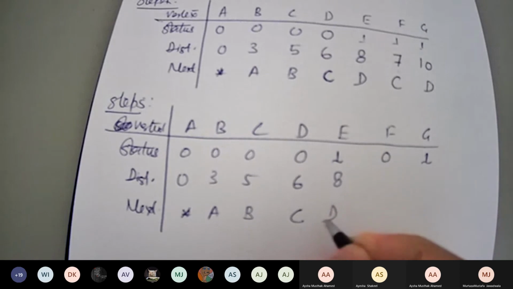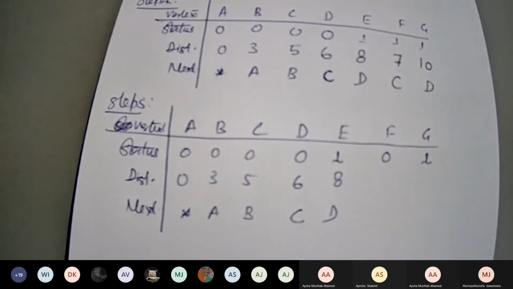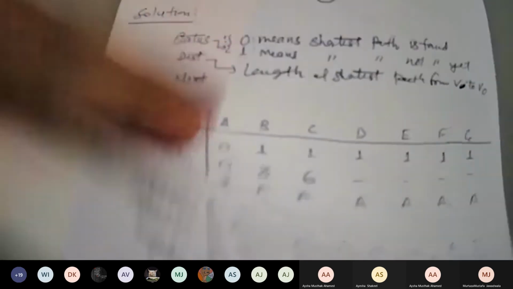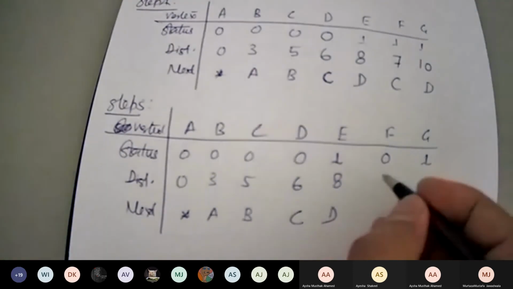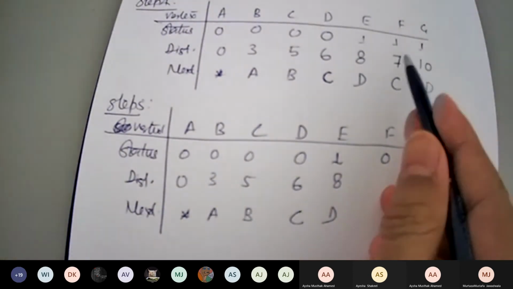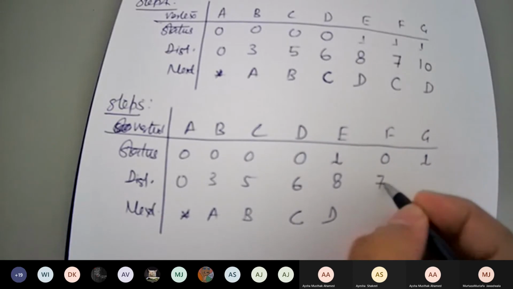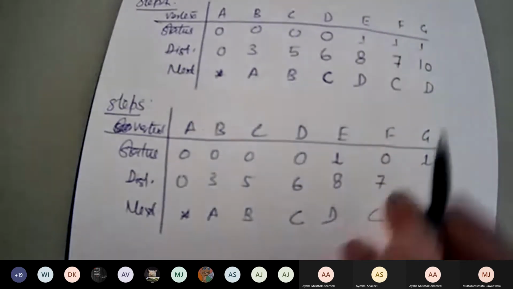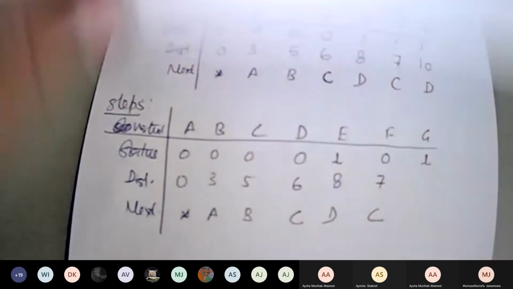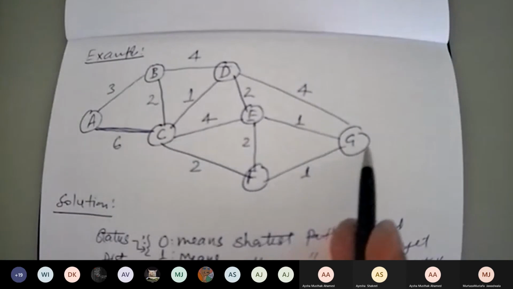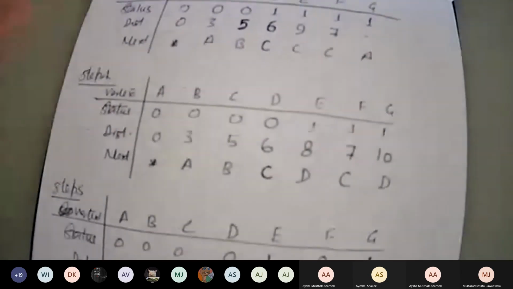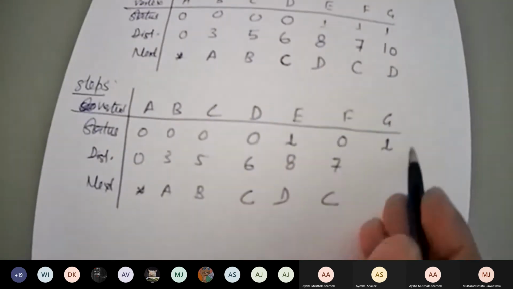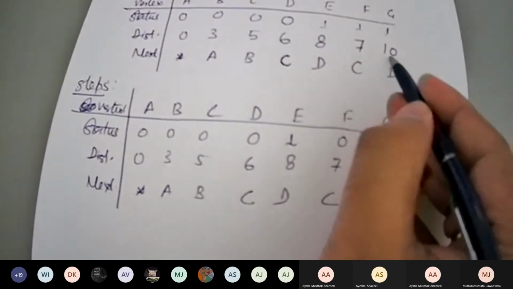It will be 8 and D. Now F to G. This was 7 because you took the least one, so you made F status 0, and this also will be the same. Now F to G is how much? 1. 1 plus 7 is 8, and earlier it was 10.